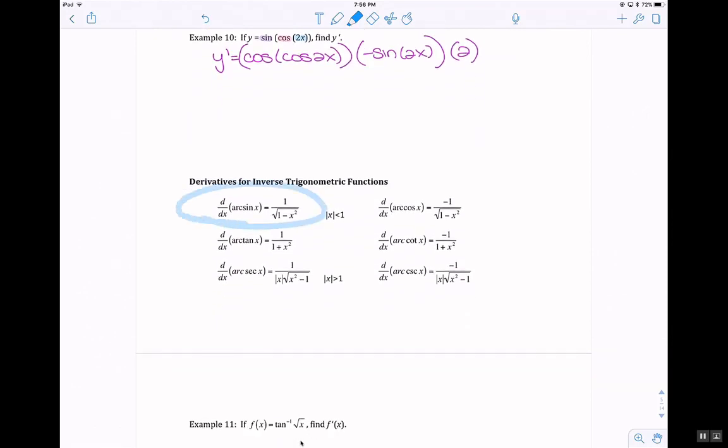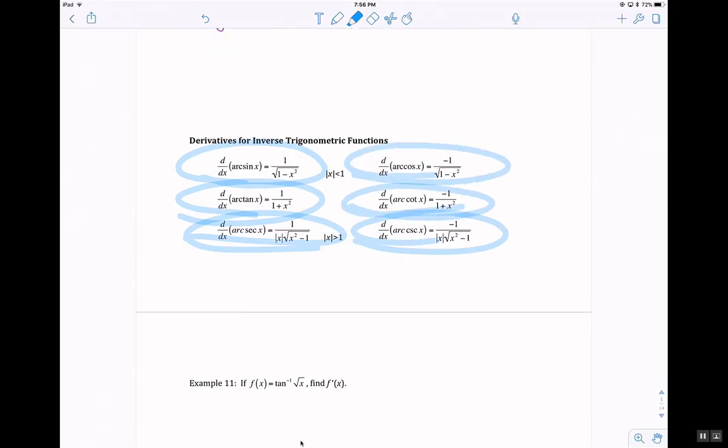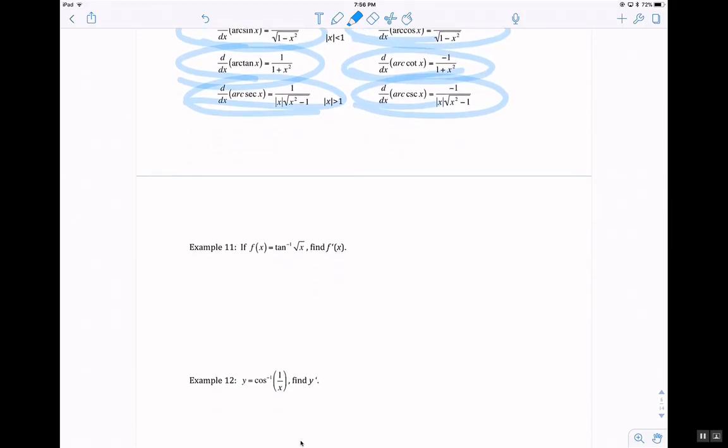Inverse trig, so all of my arc sines, my arc cosines, and my arc tangents. Arc tangent is the same thing as tangent inverse. So my derivative of tangent inverse is 1 over 1 plus x squared. But it is root x, so this is root x, the quantity squared.